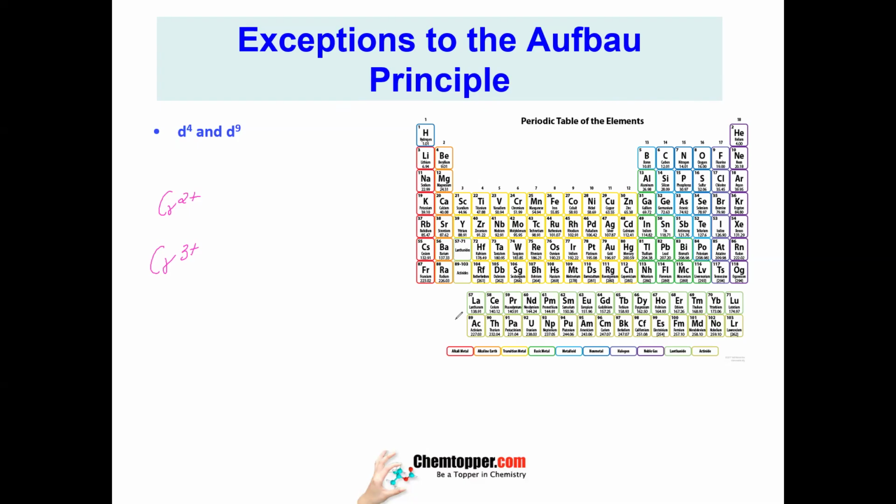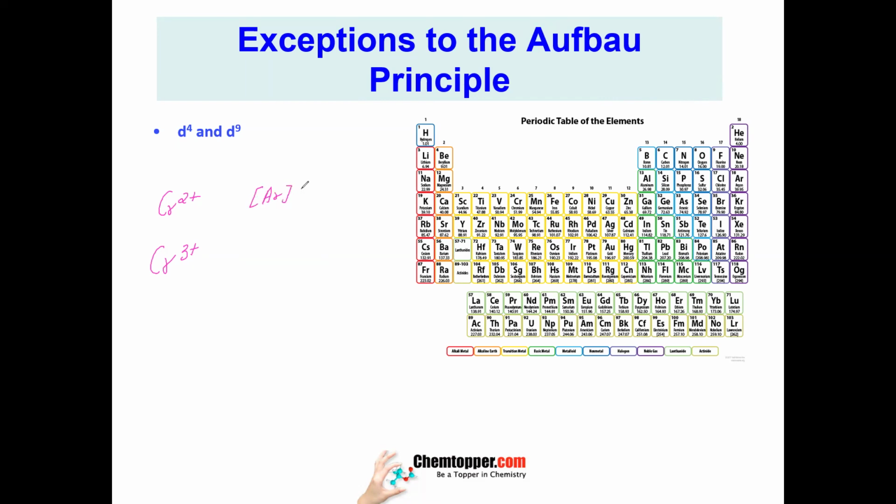Very simple concept. Remove electrons from the valence shell, the one with the highest principal quantum number first. Okay, that's the perfect answer.